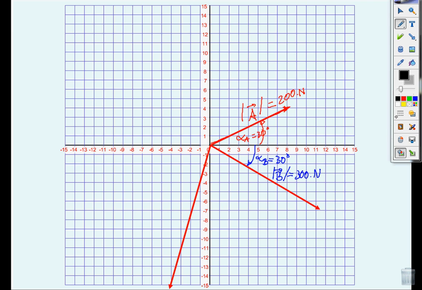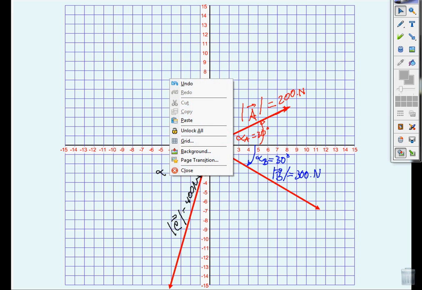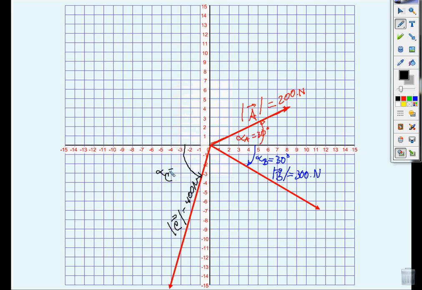So this is vector C, and vector C has a magnitude of 400 newtons. Now, the reference angle is right here from the positive x. Remember that? The reference angle for vector C is going to be, remember, this is 90, 180, and it's 250. 250 minus 180 is going to be equal to 70 degrees. So that is the reference angle for vector C.